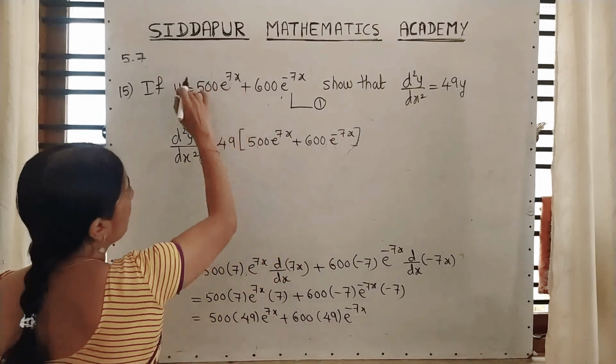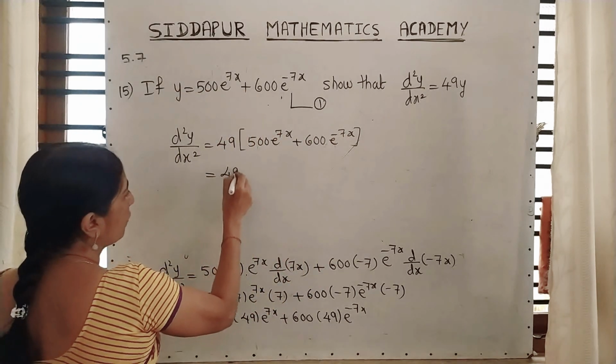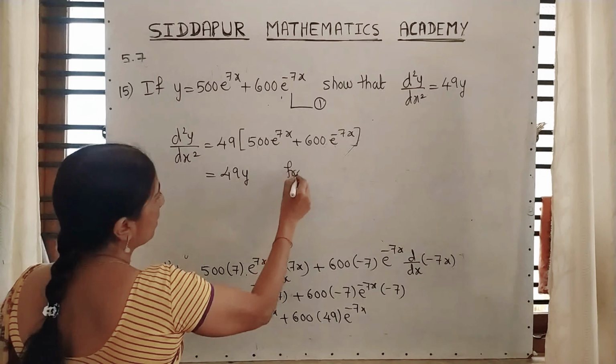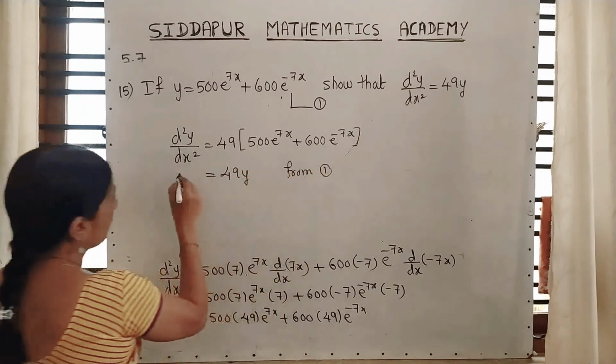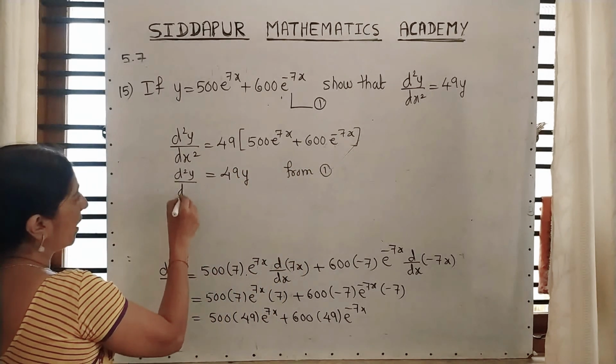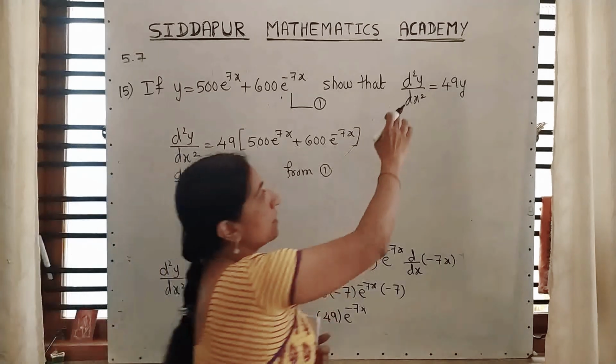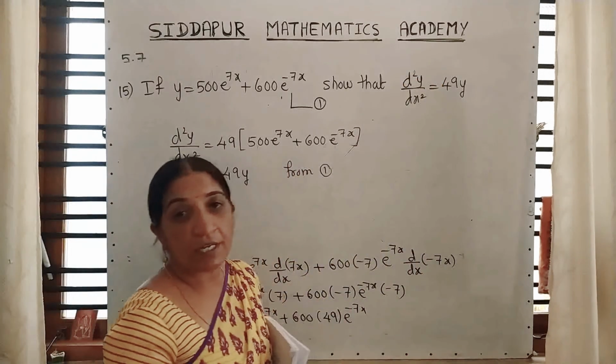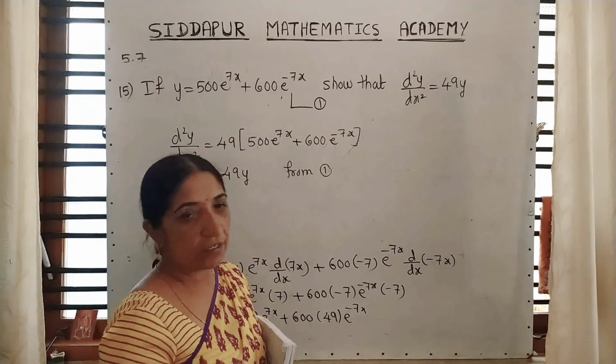See above, it is nothing but y. So it is 49y, that is from equation 1. Is it the required answer or what? Yes, the required answer is d square y upon dx square is equal to 49y.